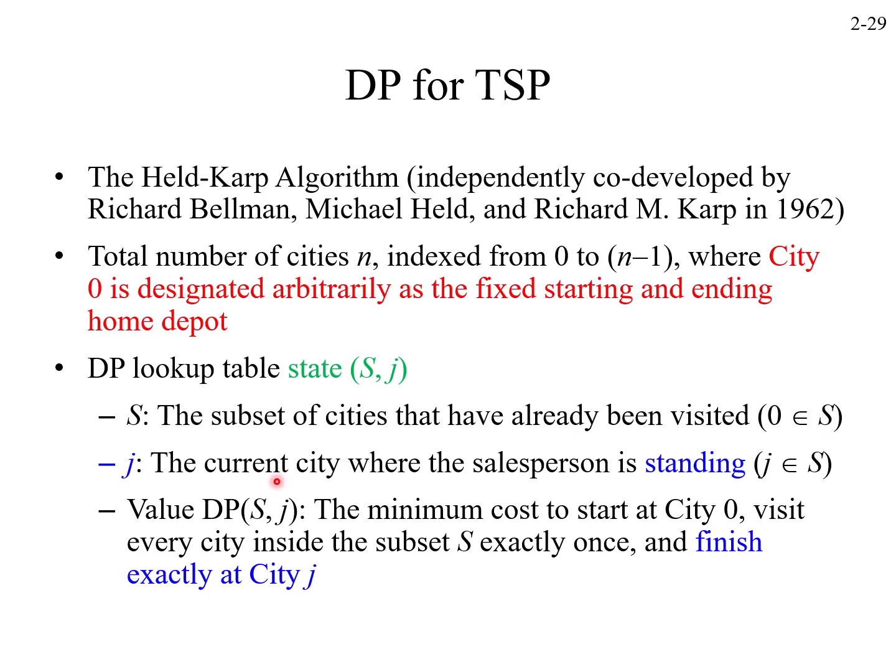And j is the current city, and please note that j belongs to the subset S. The salesperson is standing there. So the value of this dynamic programming is the minimum cost. We start at city 0 and visit every city inside the subset exactly once. And right now we are standing at city j. So what is the next step?